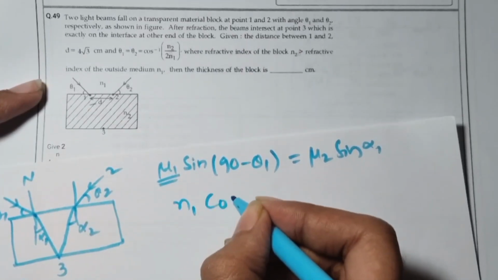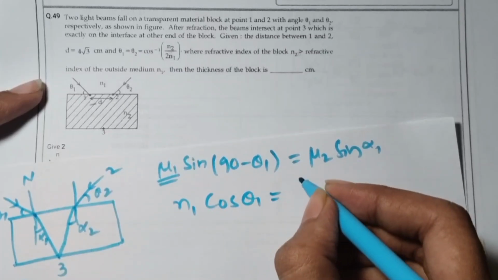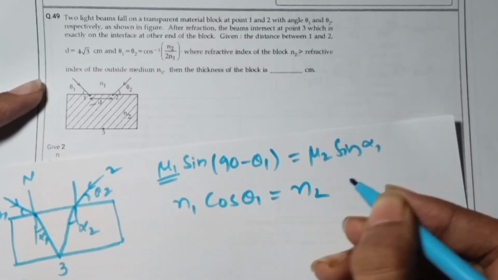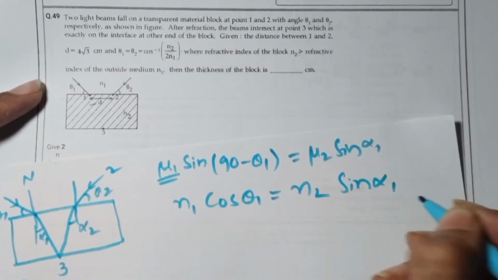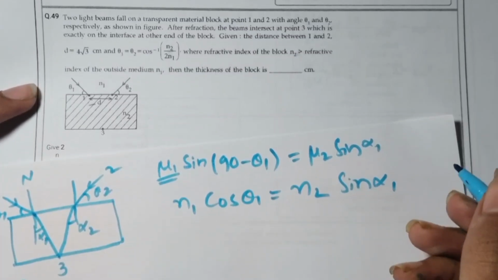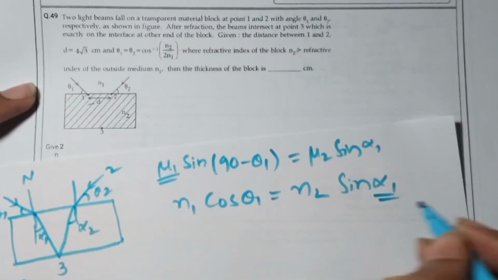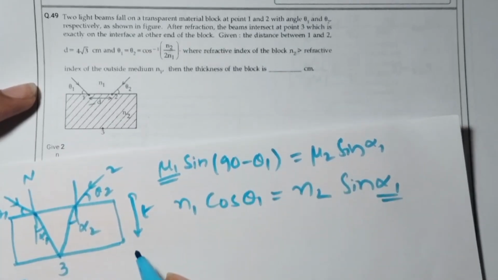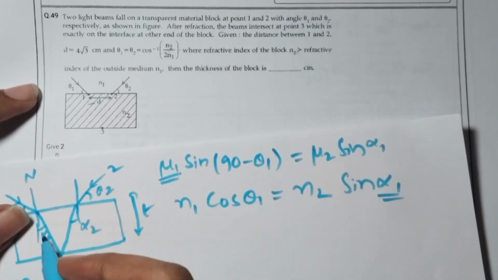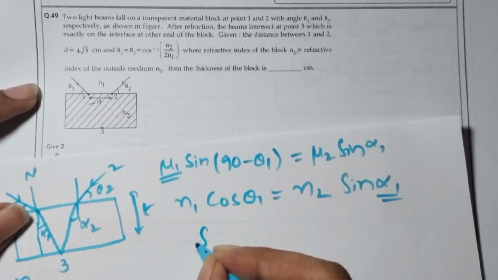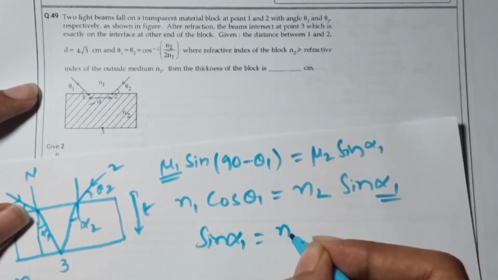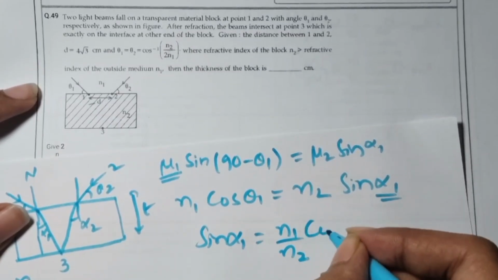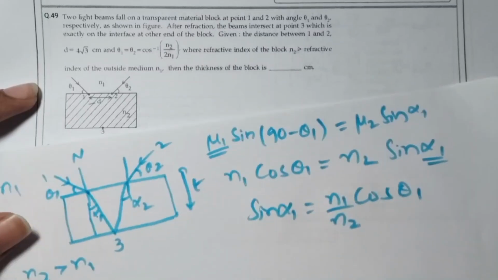So n1 cos theta 1 equal to n2 sine alpha 1, right? We are focusing on sine alpha 1 to get the thickness of the block. Let us assume the thickness of the block equal to t. So sine alpha 1 equals n1 by n2 times cos theta 1.